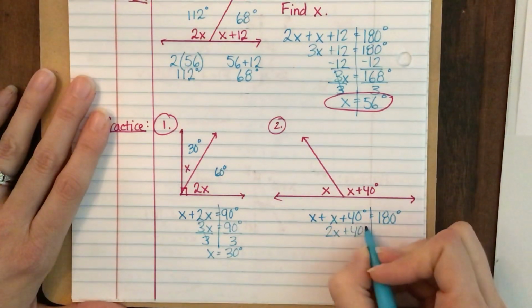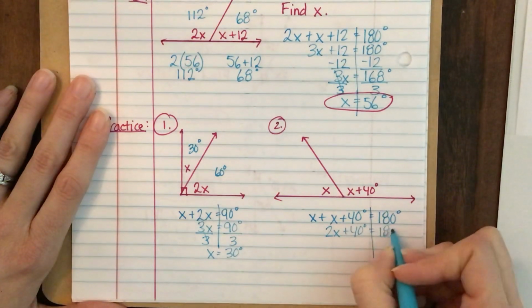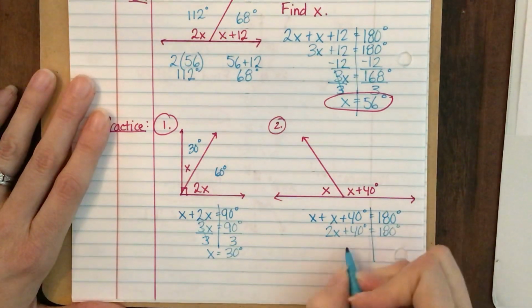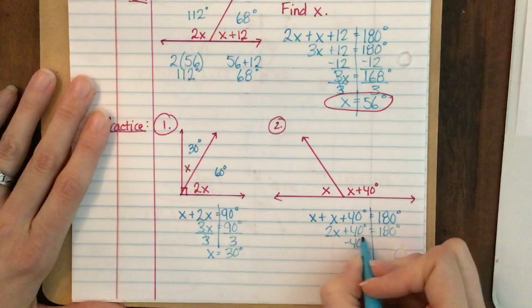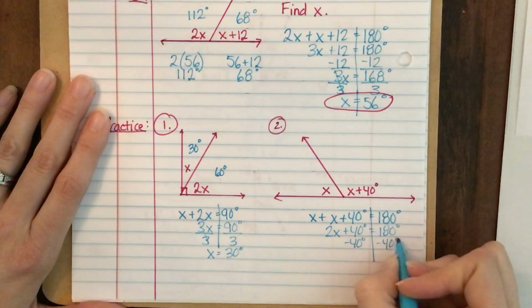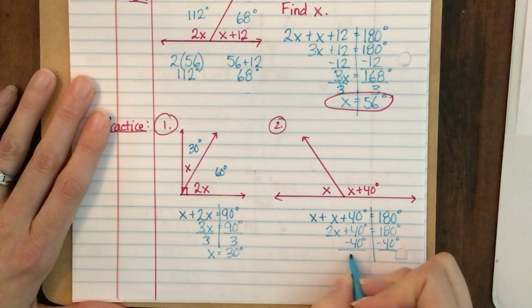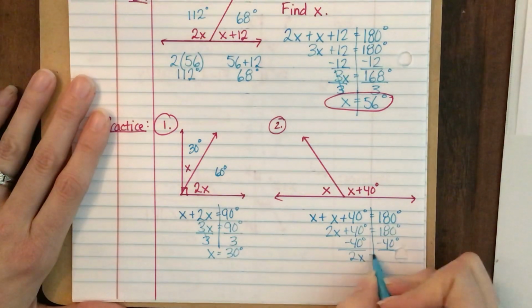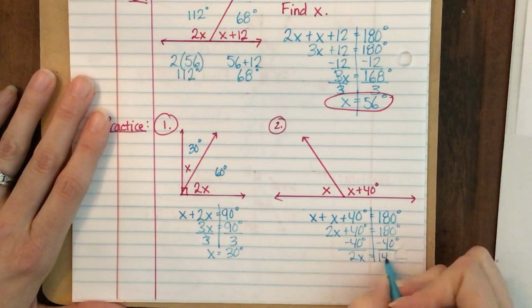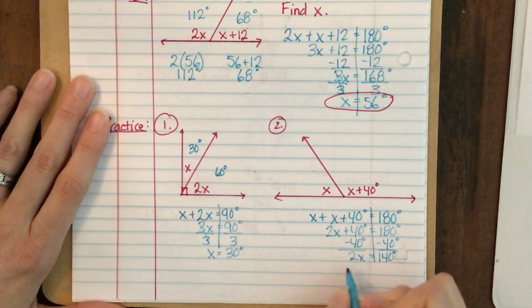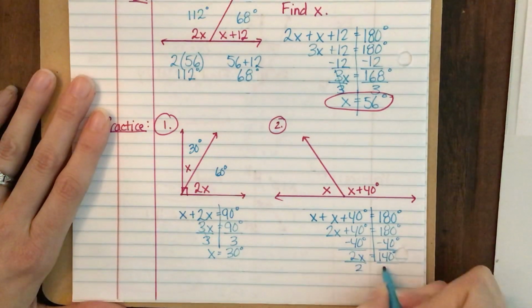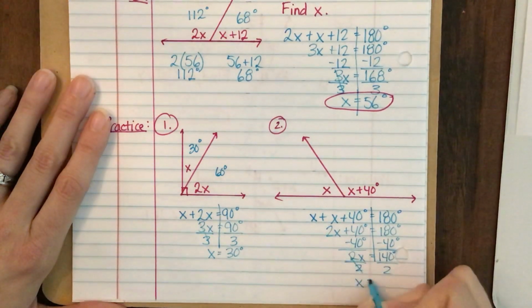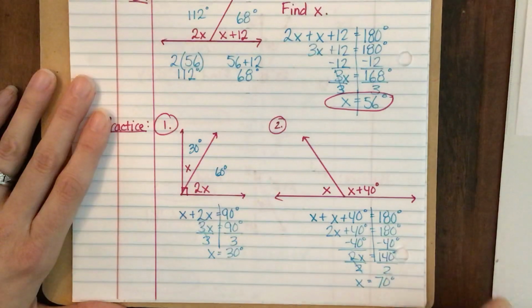Now I have a nice two-step equation that we can solve. I'm going to go ahead and subtract 40 from both sides. So I have 2x is equal to 140 degrees. Then I'm going to divide both sides by 2, and I get that x is equal to 70 degrees.